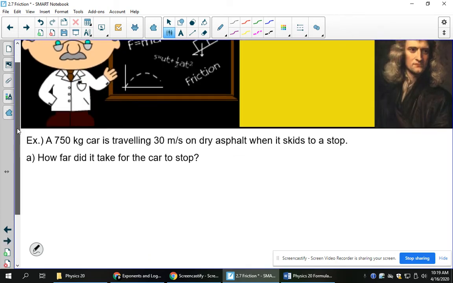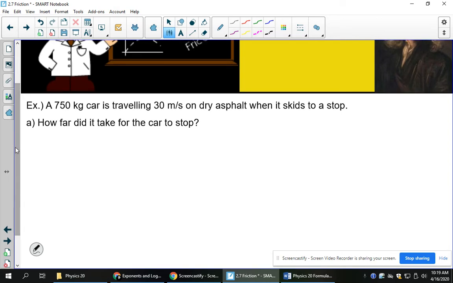All right, a 750 kilogram car is now traveling 30 meters per second on dry asphalt when it skids to a stop. This looks a lot like a kinematics equation, but if you look at what we have: initial velocity, final velocity being stopped, and mass.